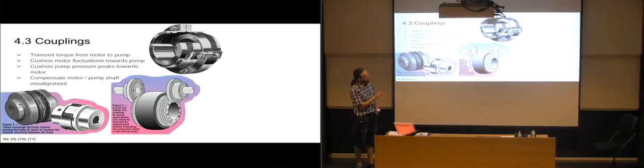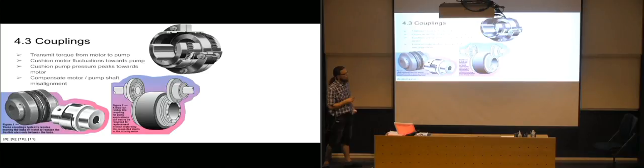You will have a ring of teeth on the pump shaft, and then you have an external ring of teeth which is placed on top of this, so that the teeth from the motor are connected to the coupling ring, and the teeth on the coupling ring are connected to the teeth on the pump shaft. This enables it to handle the misalignment and stuff, but it doesn't really have much of a cushioning effect when you have steel on steel, so you won't get the same effect as the rubberized couplings there.